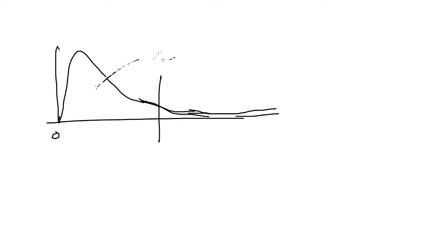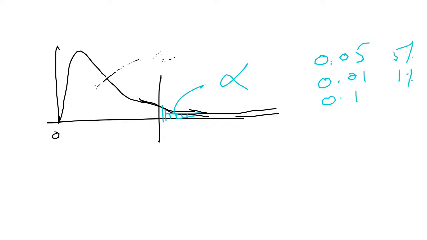So the area under the curve from this point onwards is equal to alpha, and the standard values of alpha are 0.05, 0.01, 0.1. That is 5%, 1%, and 10%. These are the most popular values of alpha that we are going to be looking at, and nothing more than that. All right.